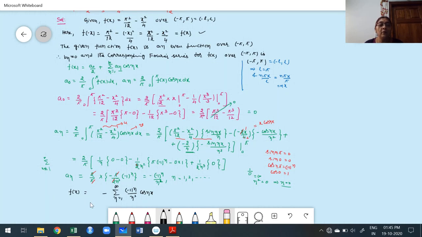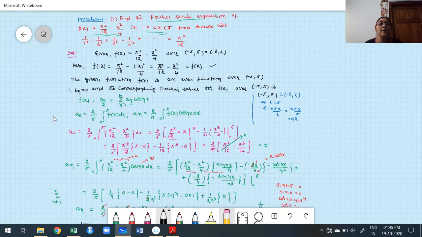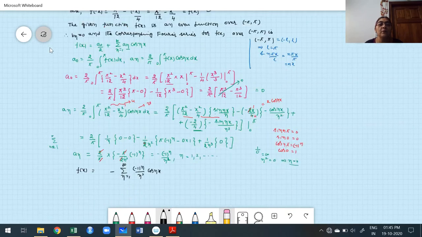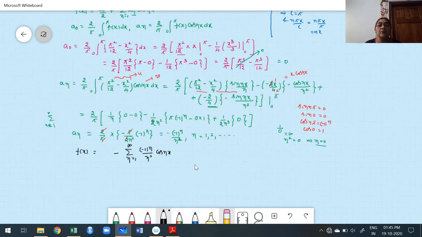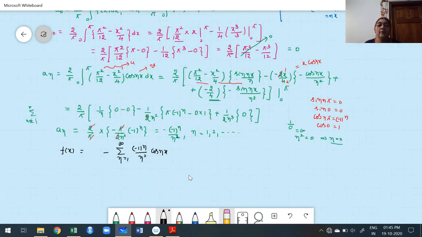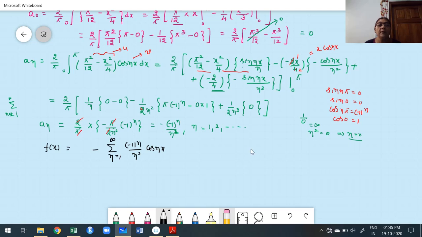But I don't only want to find f of x, they want us to deduce something. Which one do I want to deduce? I'm going to write it once again here. This is the construction of the Fourier series, but we want to go further.